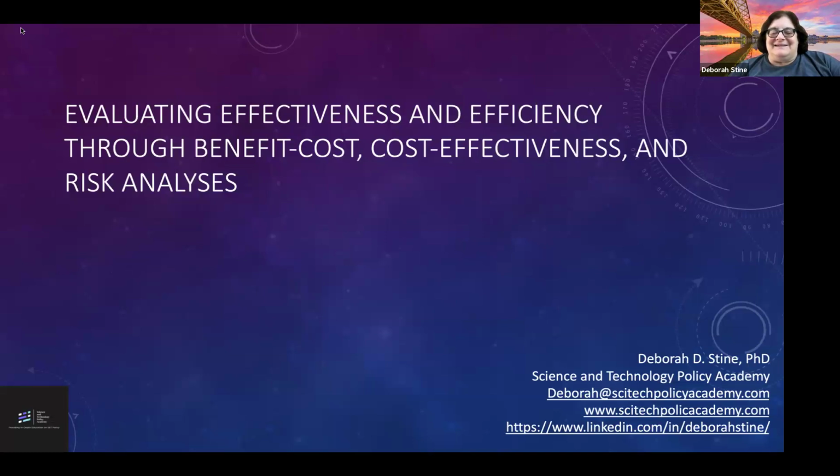But I really understand the importance of state and local government. So it's really fun for me to come and speak to this audience. So today we're going to talk about evaluating effectiveness and efficiency through benefit cost, cost effectiveness, and risk analysis.